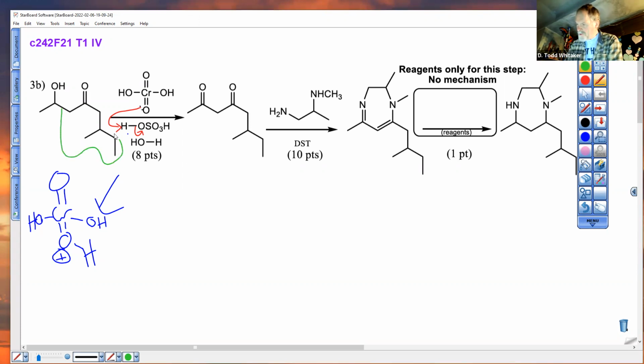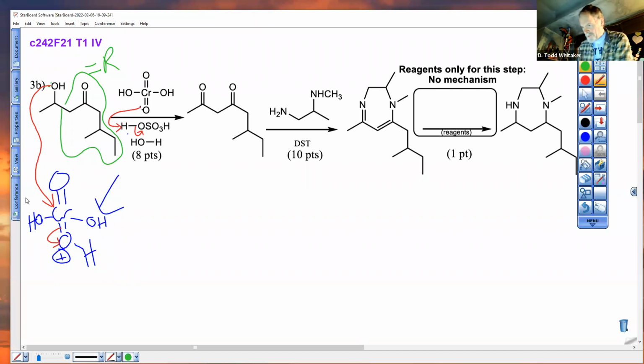None of this part is changing in this first part of the mechanism, so we're going with R. The alcohol lone pair is going to attack the chromium. We activated the chromium and then we attacked it.